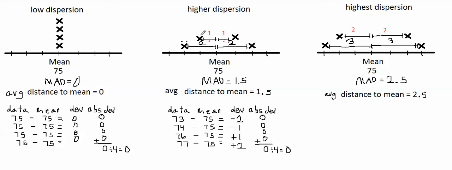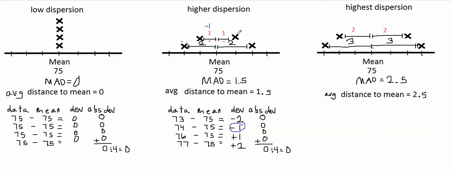This person's exam score of 74 has a deviation of -1 because they're 1 below the mean. -1 means 1 below the mean. So this person who got a 74 had this deviation of -1 right here because they're 1 below the mean.